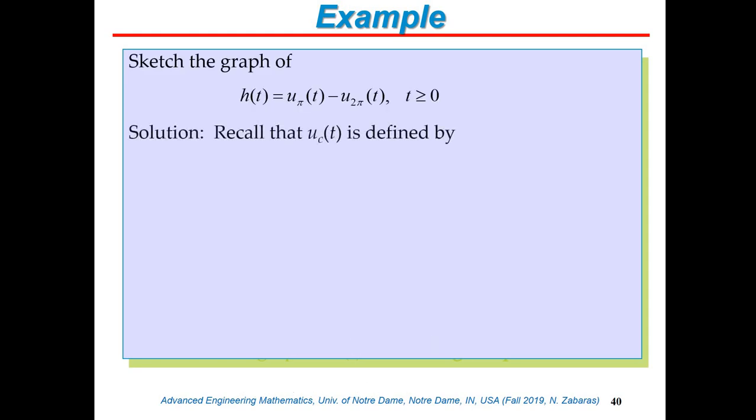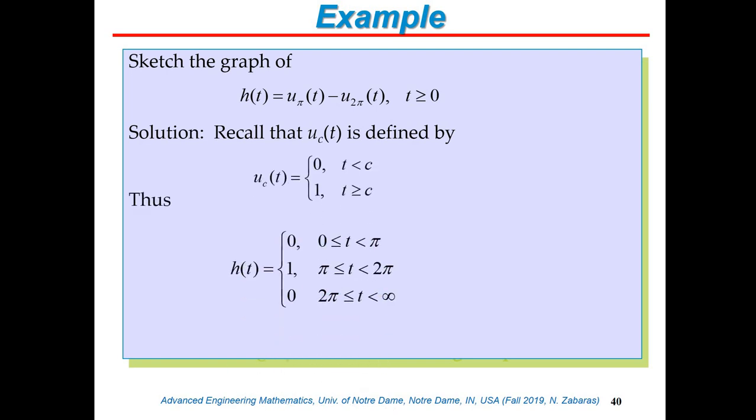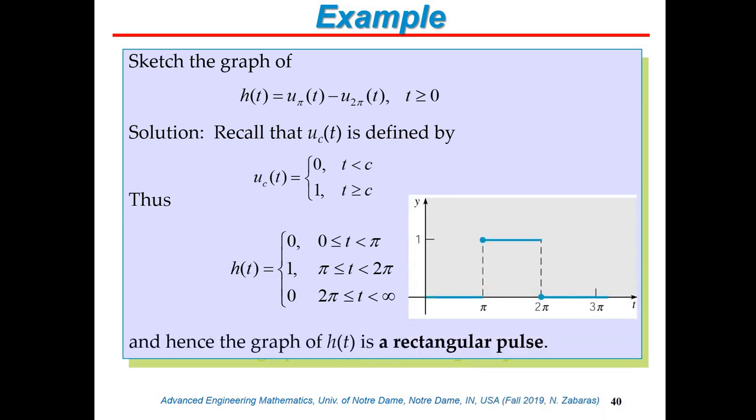Now, with these step functions, you can do lots of fancy things. So, for example, if you want to write down a function that takes the value 1 only between the values pi and 2 pi, and it's 0 everywhere else, you can actually write this using the step function u pi of t.